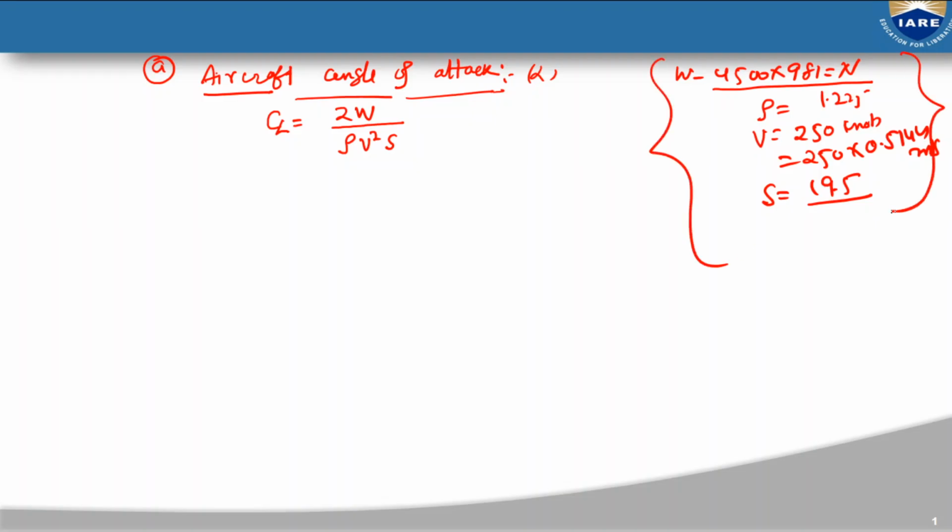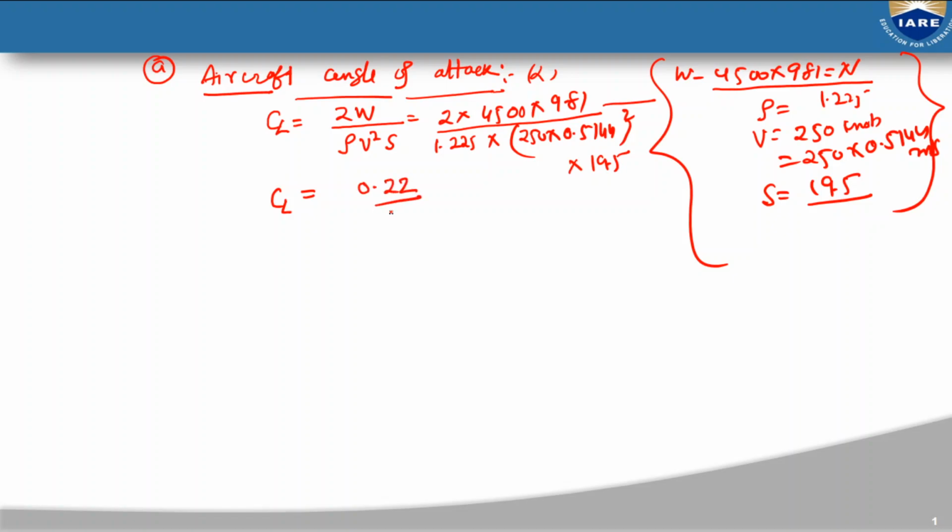These things are given. So now I will put in the values: 2 into 4500 into 9.81 divided by 1.225 into V, 250 into 0.5144, whole square, into area 19.5. So CL we are going to get as 0.22.